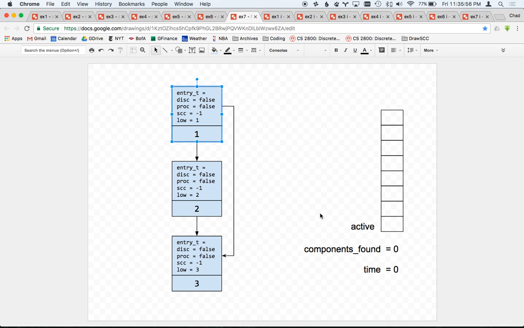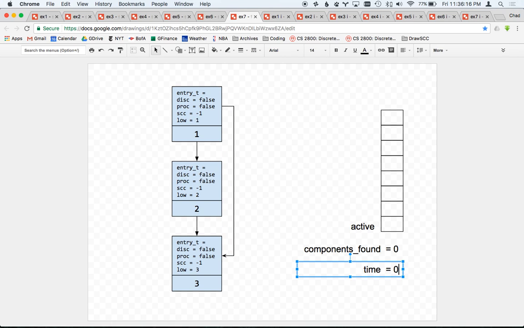We'll be able to recognize forward edges via some properties of discovery and processedness. Namely, we're going to discover vertex 3 first, and then we're going to process it. So both of these will be true by the time we get back to processing this particular edge right here.